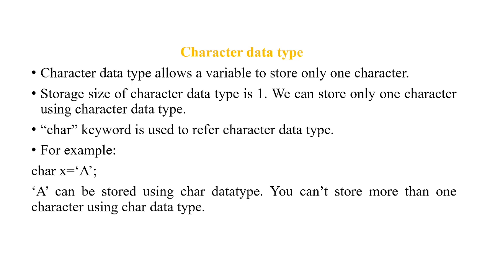If I want to declare a variable as a character variable, then char x, I can assign one value to x, that is, within single quotes I give a character 'A'. That means capital A can be stored using the char data type. So you can't store more than one character using the char data type.